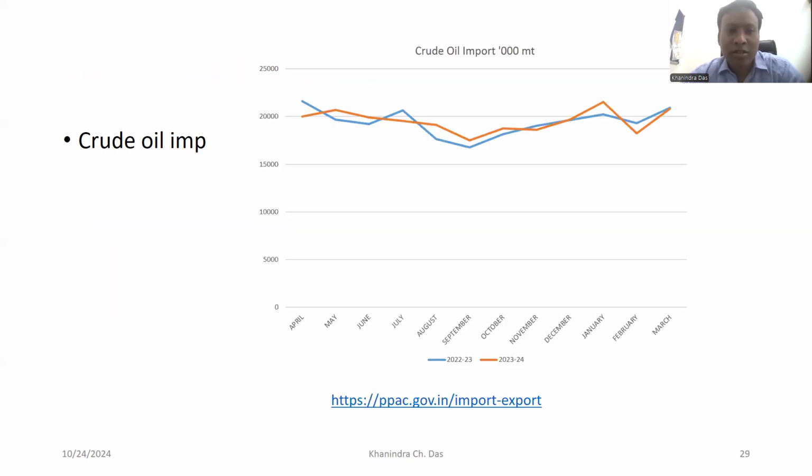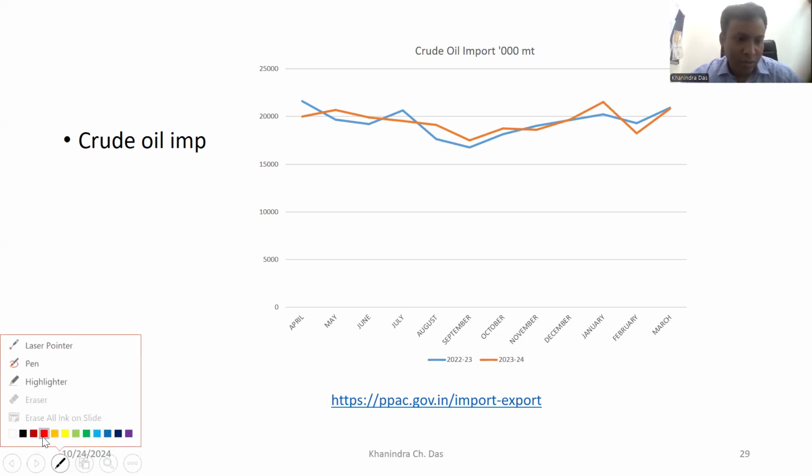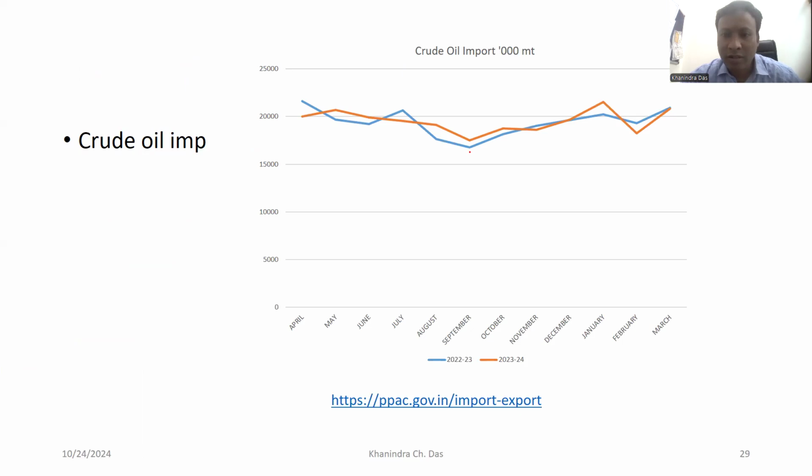Let's take a series. It's crude oil imports in India. The plot shows imports month-wise for 2 years, and it can be seen that the series has not much of trend, but there seems to be some seasonality, as evident from these lower values of imports around the month of September.